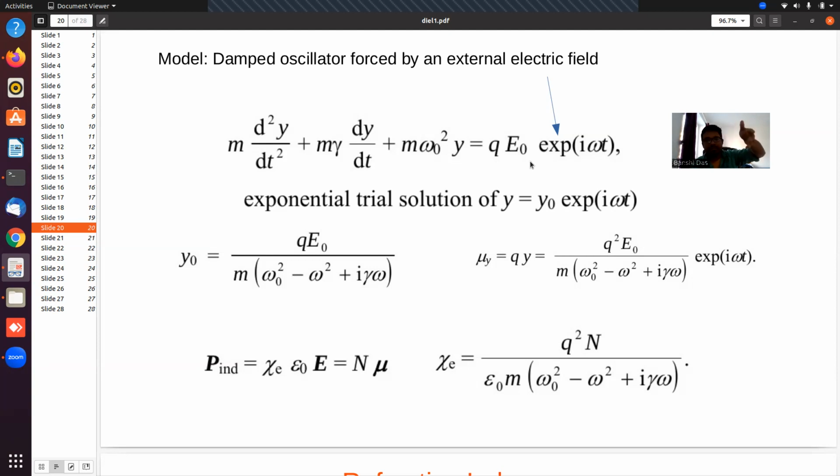So for the Lorentz problem, if we write it down, we have an external field, and we have a friction due to the medium, and this point is connected to the environment with some frequency, like a harmonic oscillator.